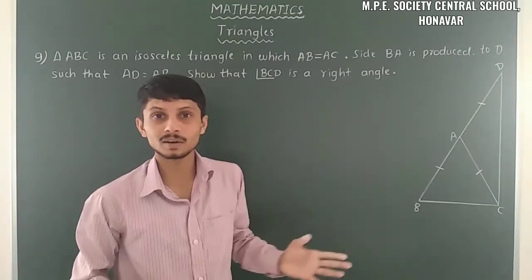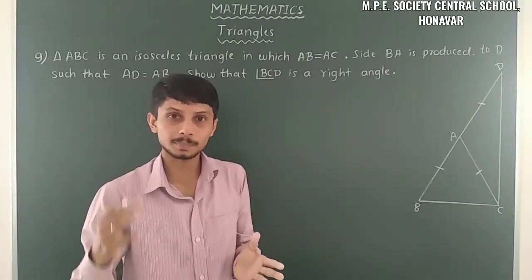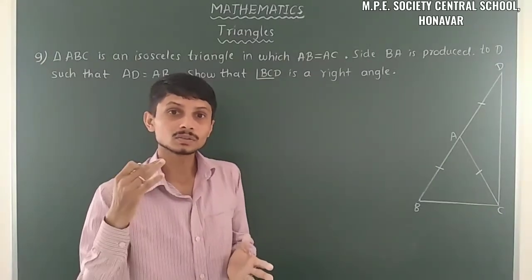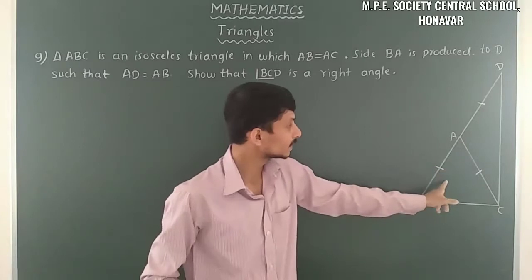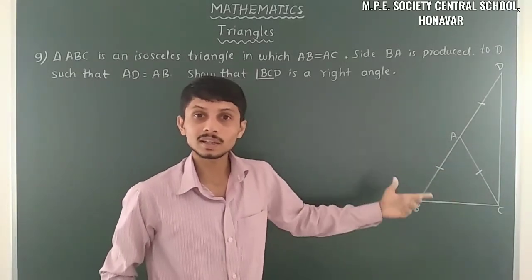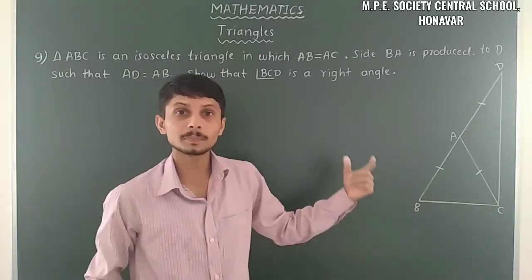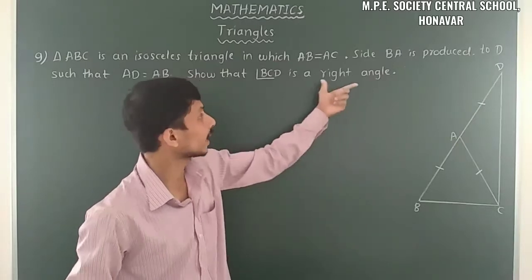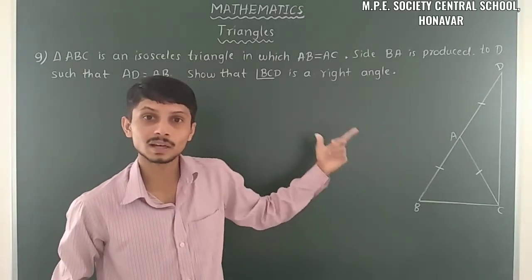So we have to take a congruence rule. For that, firstly we have to take the equality. After that we have to take the addition. So here, firstly we have to take ABC and ADC. Then we have to take the sum of interior angles of a triangle is 180 degree. Then only we can get the right angle, the value of 90 degree.